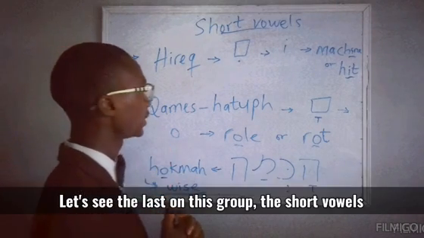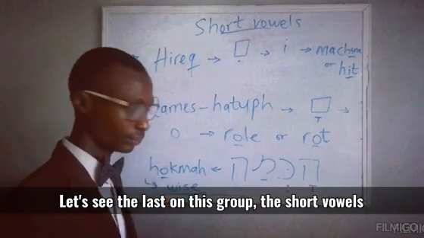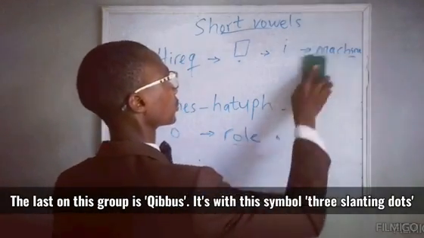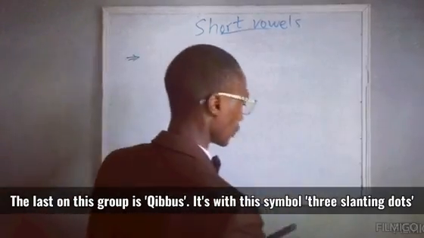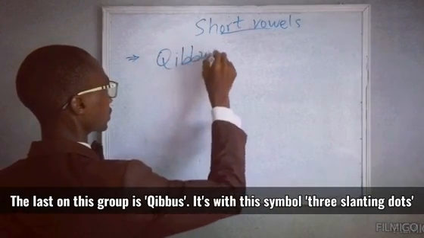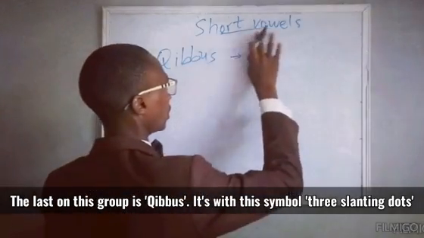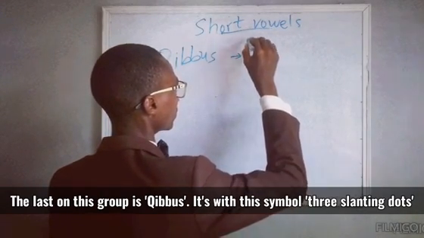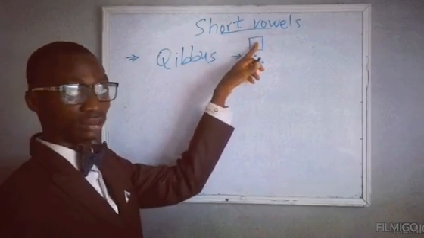Okay, now let's see the last in this group of short vowels, which is kibus. Kibus is with this symbol in Hebrew, three slanting dots, placed as with the consonants.